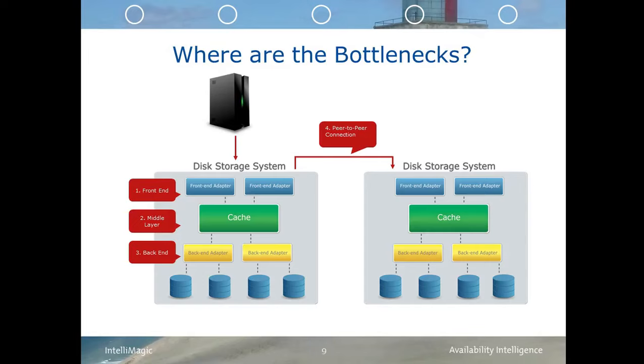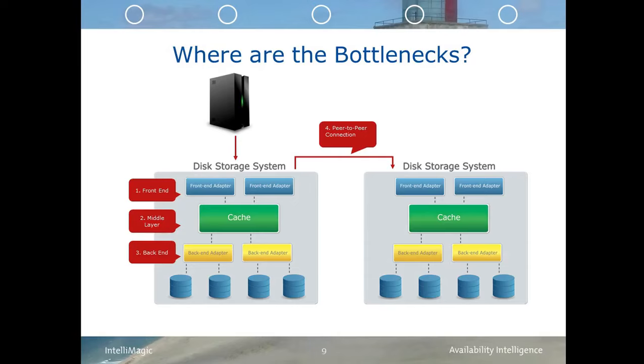At IntelliMagic, we see lots of storage performance data from numerous customers using disk storage from every vendor. Typically, the performance bottlenecks we see fall into 4 categories: front end, middle layer, back end, and peer-to-peer connections. The front end refers to the host adapters and ports that connect the storage to the ZOS hosts.